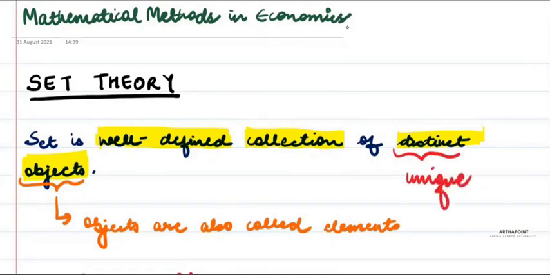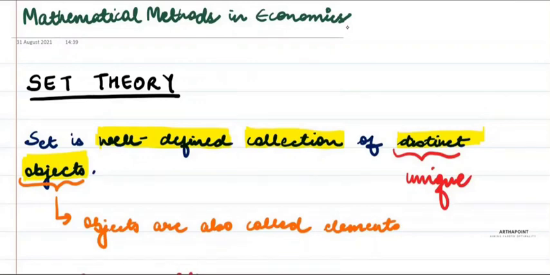So unique objects. What are objects? Objects in my set of fruits are, for example, apple, mango, banana, etc. Objects in a set of vegetables will be broccoli, cabbage, onion, etc. Objects in a set of clothes will be kurta, pajama, etc. So what my set consists of is called an object.